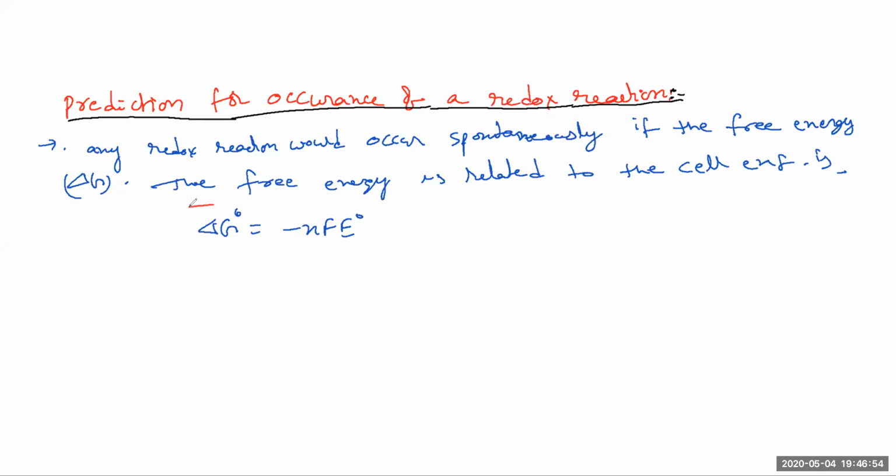This is the relation, important relation. You should remember. Now delta G naught means Gibbs free energy, standard Gibbs free energy.